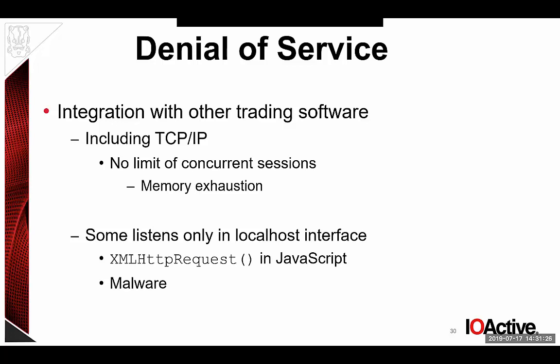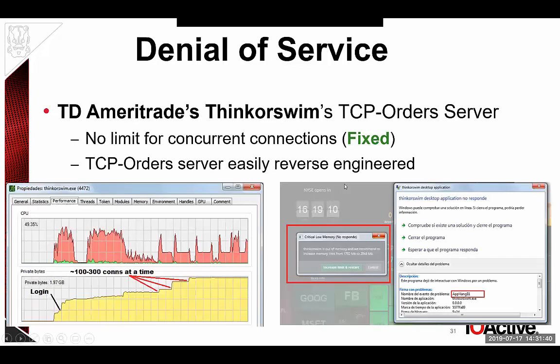The problem is we are still committing mistakes from the 90s when it comes to limiting the maximum number of concurrent connections. That leads to memory exhaustions and many internal problems, such as this one. I created 300 connections at a time, and you can see the performance was degrading on the application until the application hanged and crashed, right?